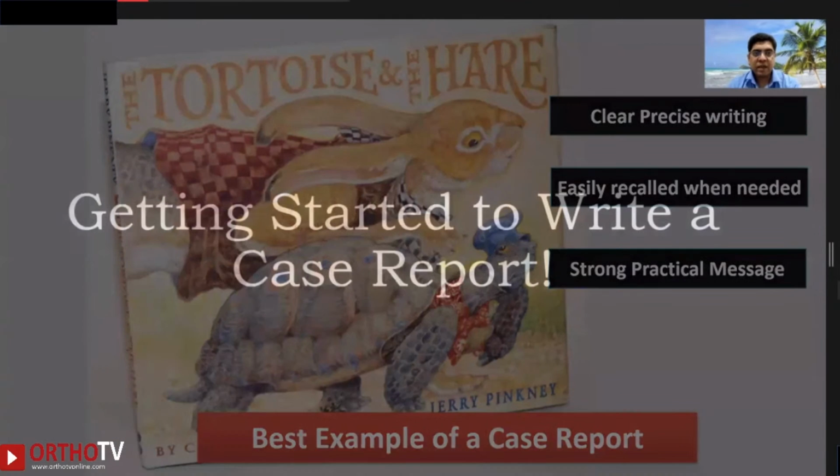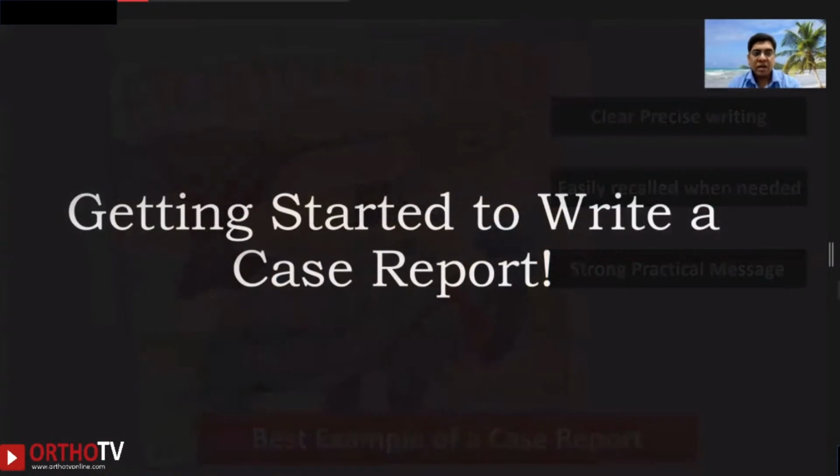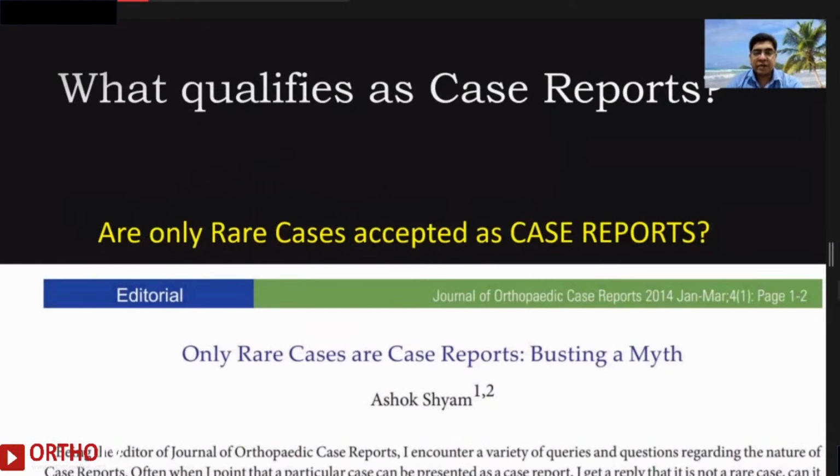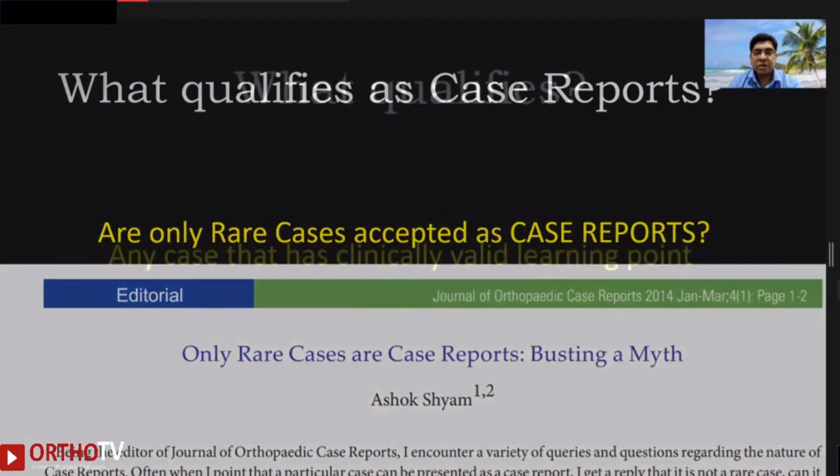Getting started to write a case report, how do you start? The first question that comes to mind is what qualifies as a case report. Are only rare cases accepted as case reports? In 2014, I wrote an editorial on busting this myth, and I wrote down all the ideas that could qualify as a case report.